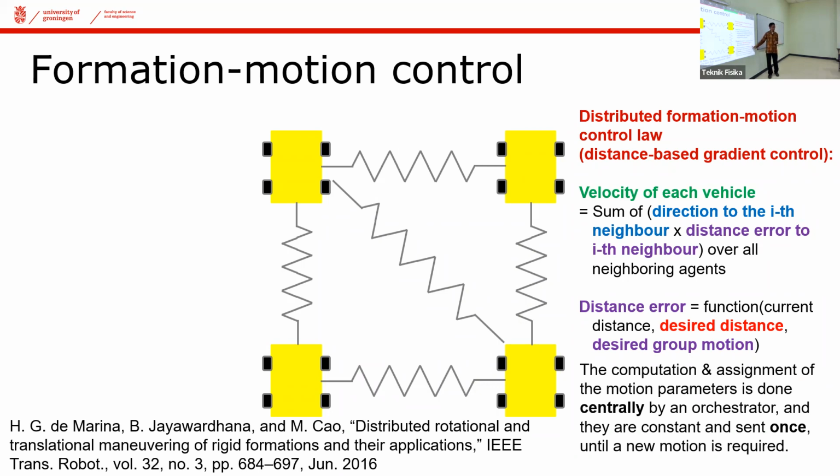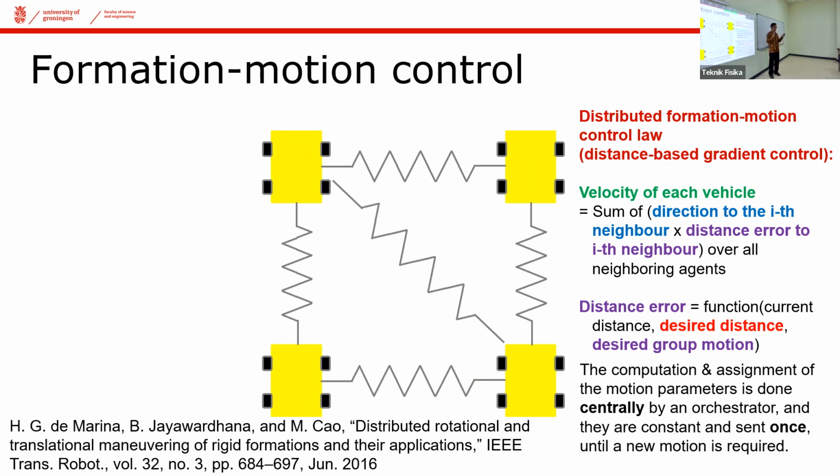And the real implementation is quite simple. Basically, you start with the right formations, but then when you want everyone to move in a certain way, you compute the right bias. That's just computed one time. And then you send that bias to all agents. So that's also a one-time piece of information sent out to all agents.